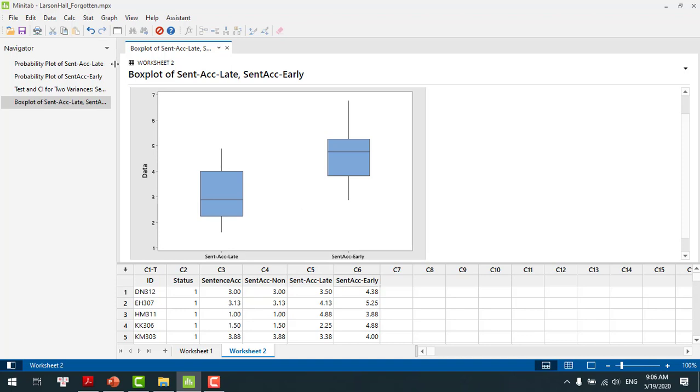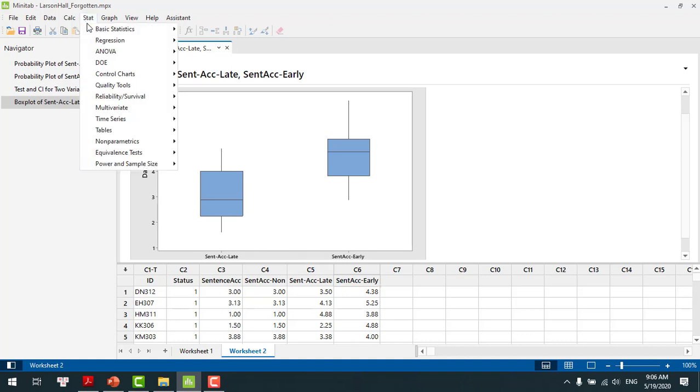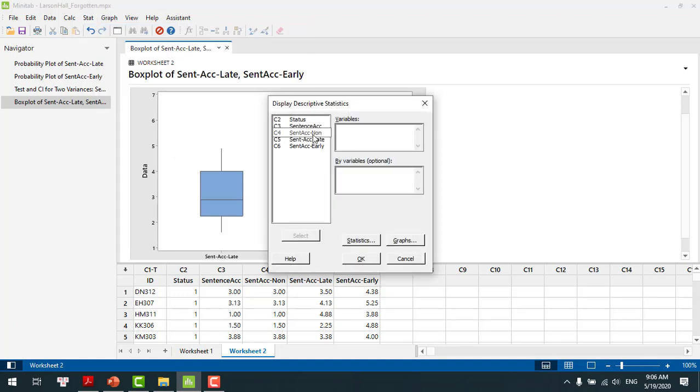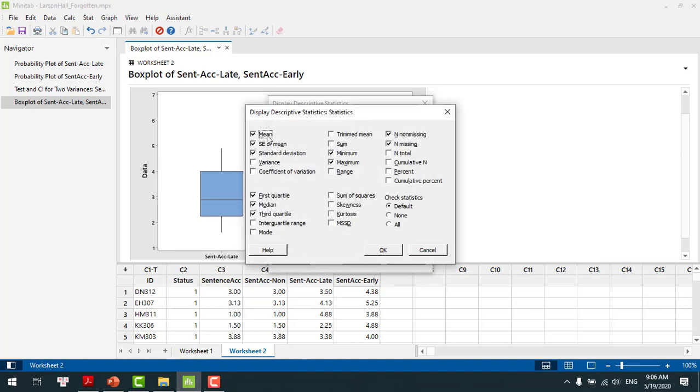Again, to make double sure that our result is going to be on the right track, we can run the basic statistics. So let's go to basic statistics, and we're going to compare the late with the early group, and we're going to go here to statistics, and what we want is basically the mean. We want the standard deviation. We don't want the minimum.